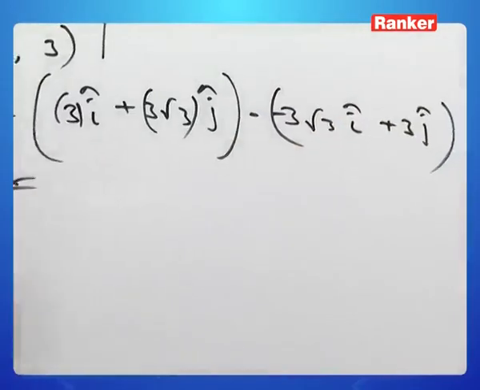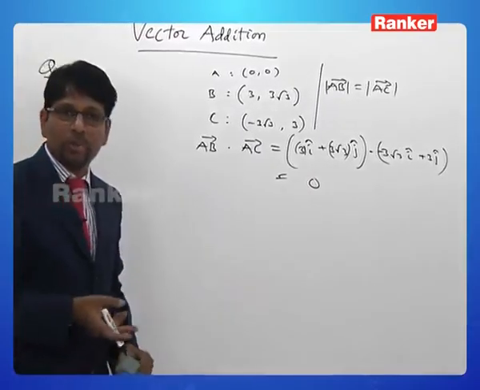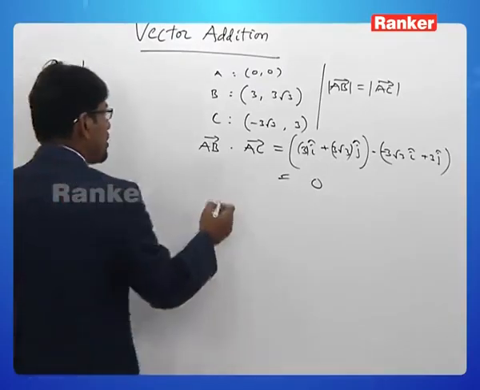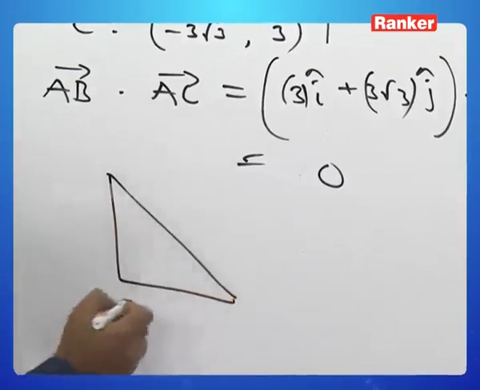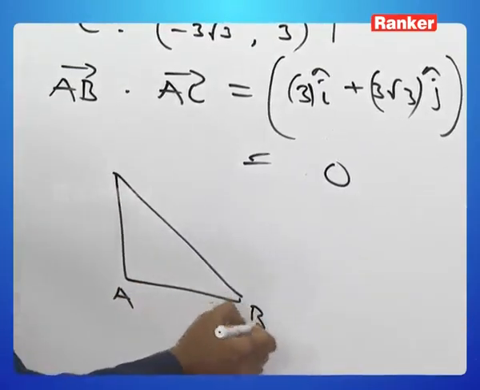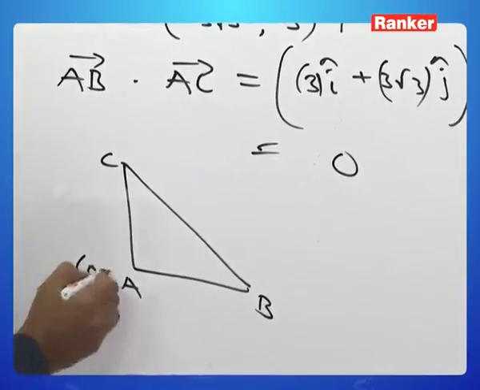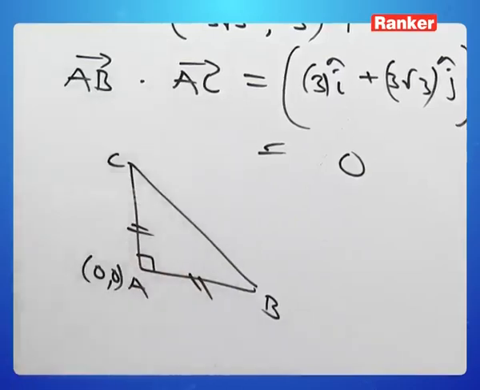This will be equal to, this is clearly 0. When is the dot product of two vectors 0? When the vectors are perpendicular. So AB is perpendicular to AC. So we have a situation like this, A, B and then AC. So A is origin, it's in fact a right angled isosceles triangle. These two sides are equal.